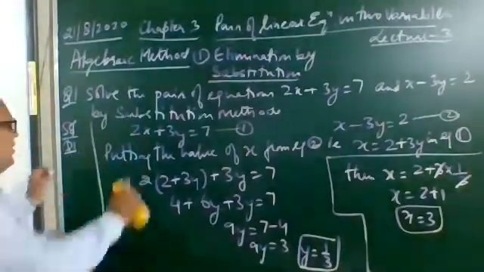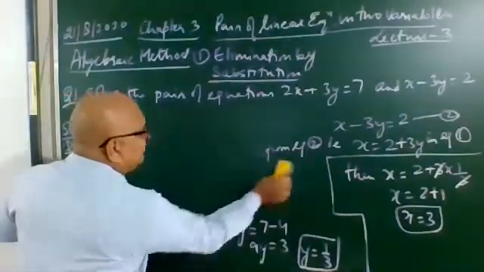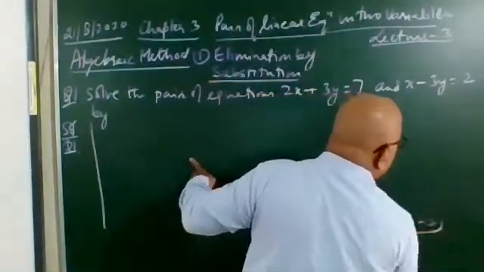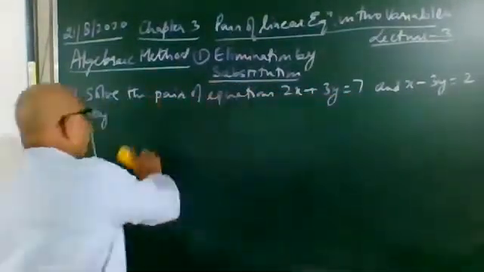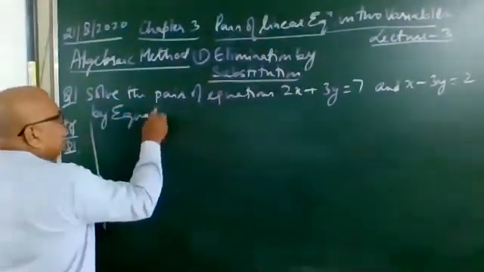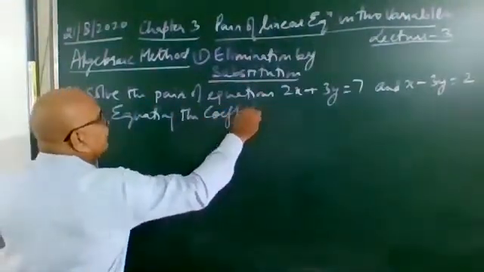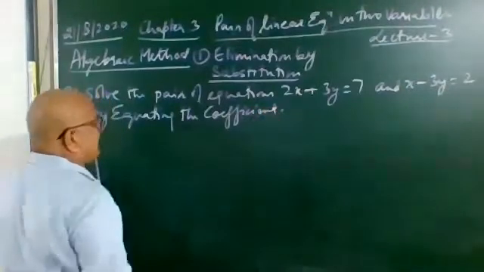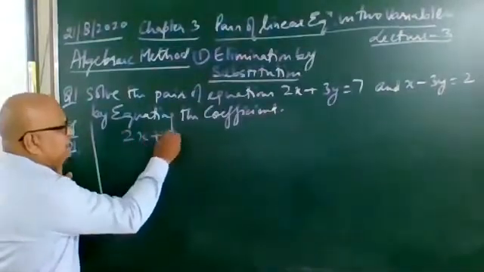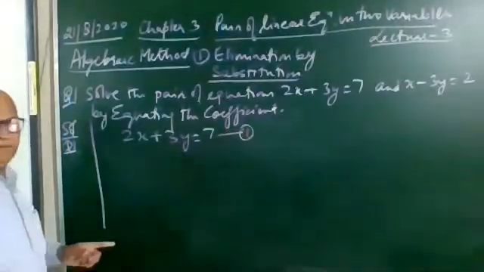Next question. Solve the following pair of equations by equating the coefficient method. Now in this equation again the same thing, 2x plus 3y equal to 7, first equation.